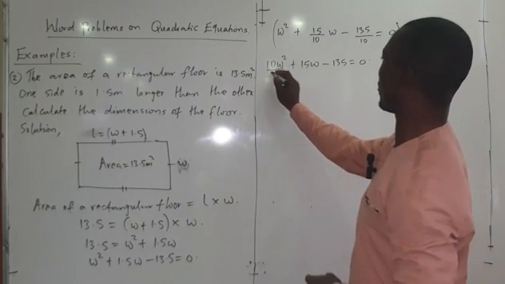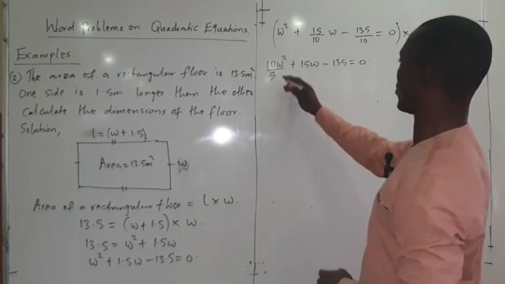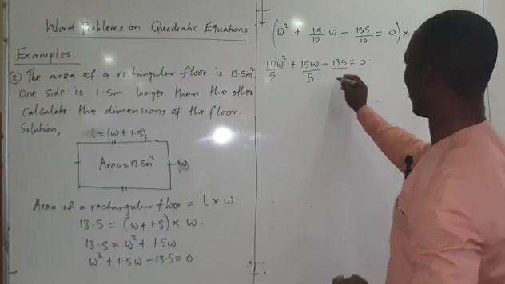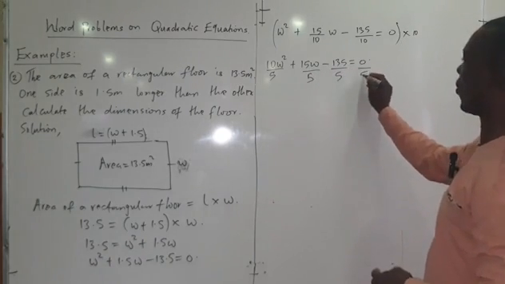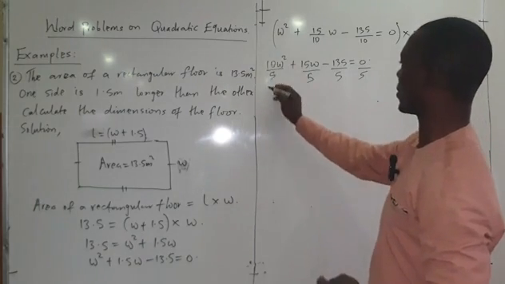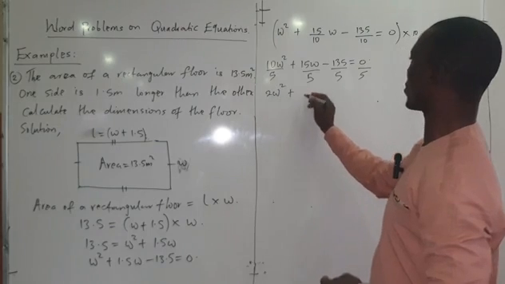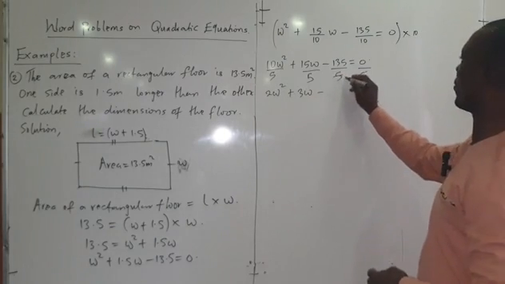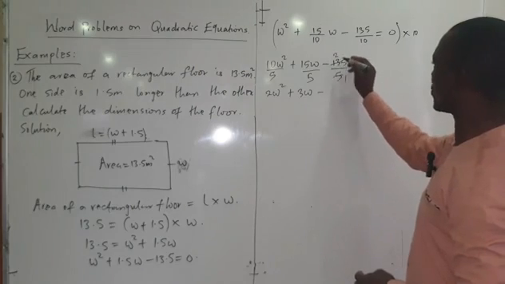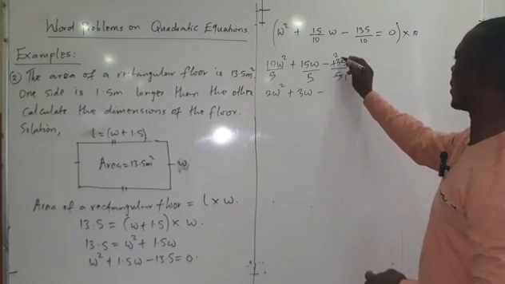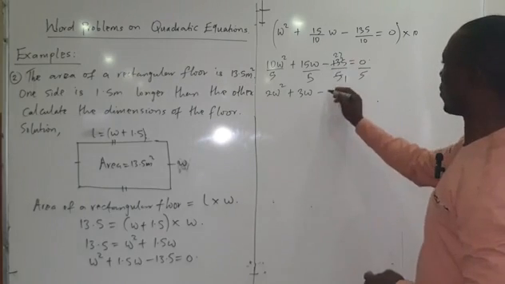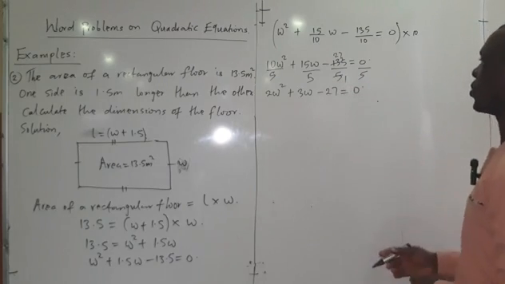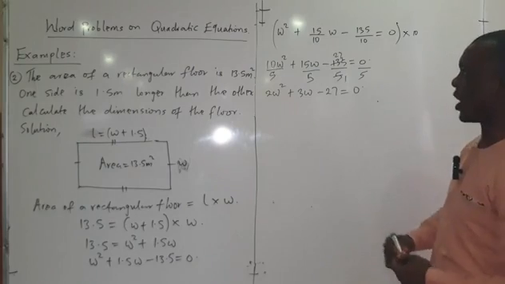So we have 10 W squared over 5, then 15 W over 5, then 135 over 5, then 0 over 5. So 5 into 10 is 2, that's 2 W squared, plus 5 into 15, that's 3 W, minus 5 into 135 is 27, which equals 0. So this is the quadratic equation according to the topic.